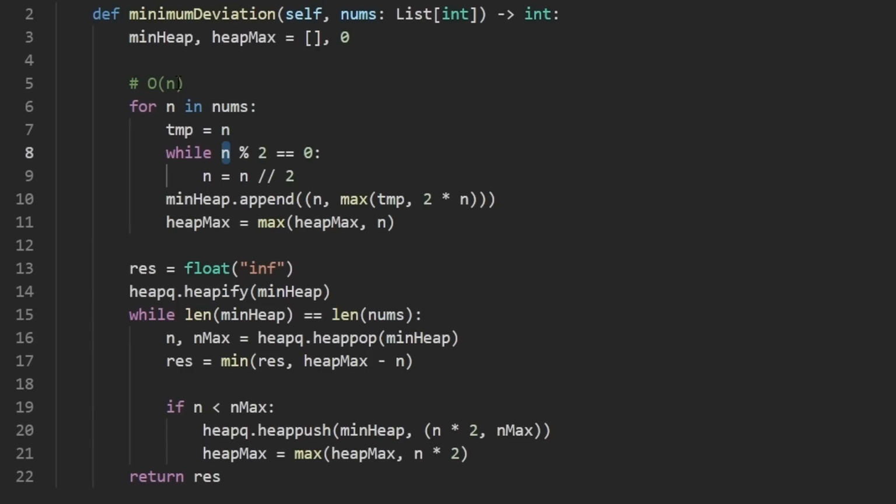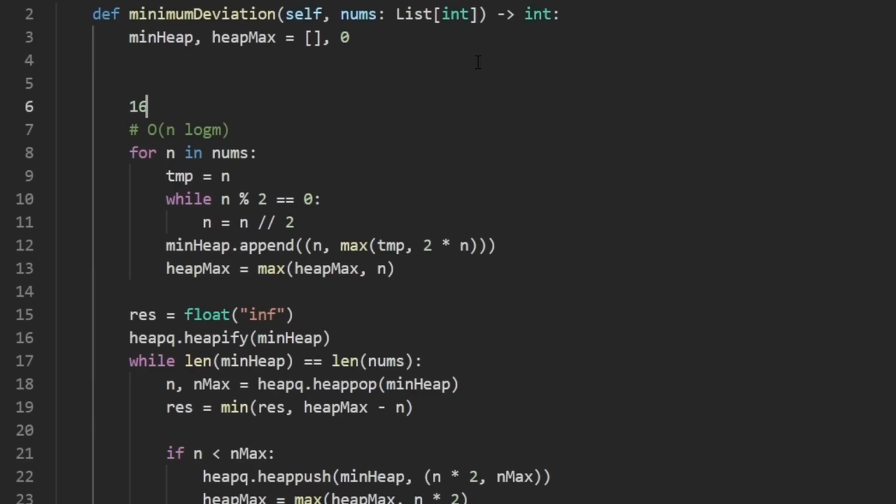Well, that is the logarithm function, but we're not going to be log n because n is the size of the array. Here we would say log m, where m is the max possible value in the input array nums. So for a number like 16, how many times can you divide that by 2? I think it's 4 or 5. So log of 16 would be something like 4 or 5.